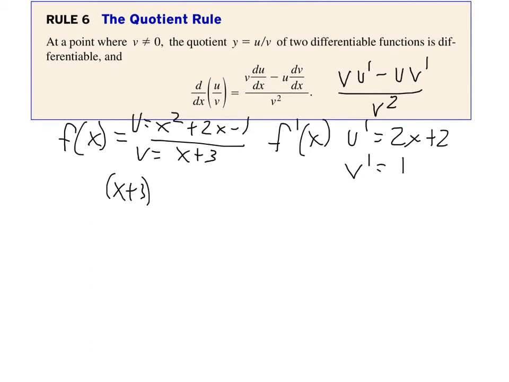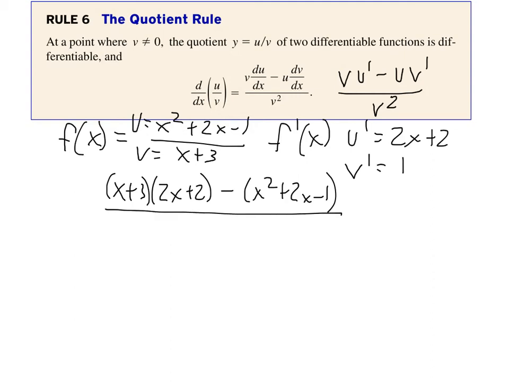Okay, so low d high is that u prime, so times 2x plus 2 minus high, x squared plus 2x minus 1 times d low, 1, which doesn't need to be there, all over low, x plus 3 squared. That is f prime of x.